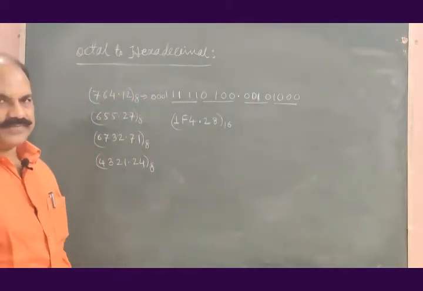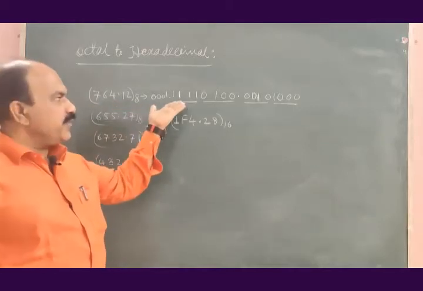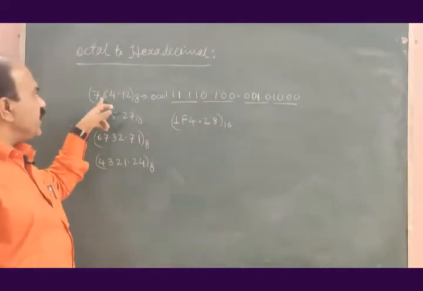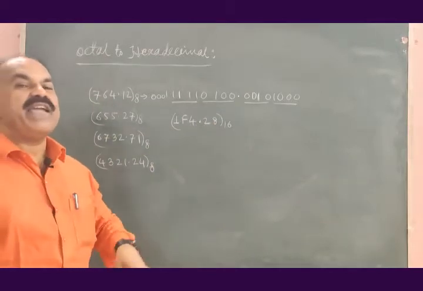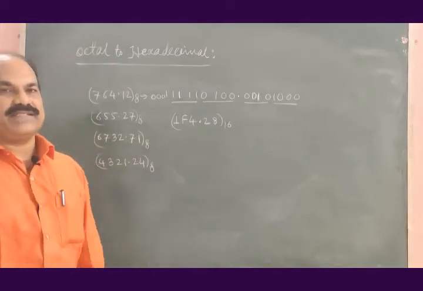Very simple. The given octal number is converted to binary by replacing each digit by its 3-bit binary equivalent.